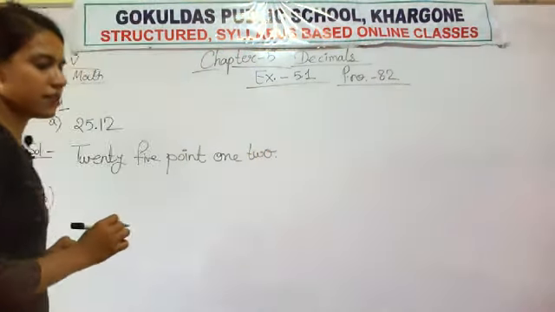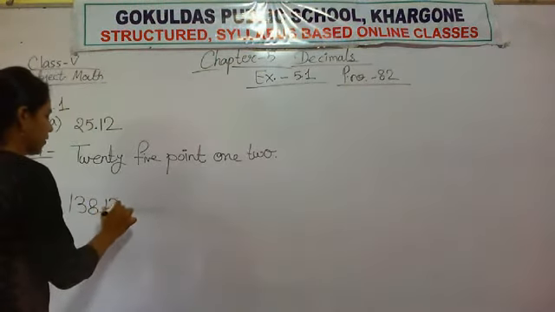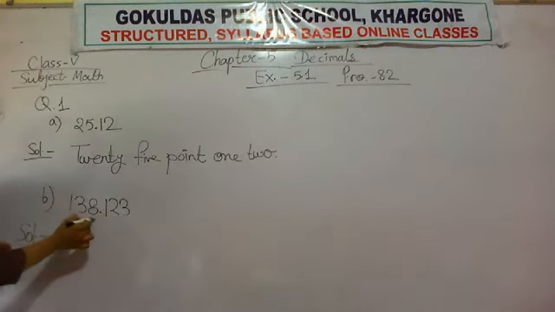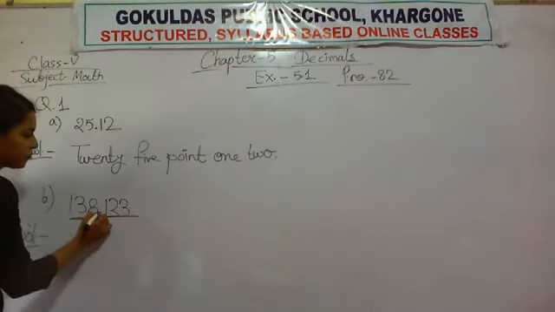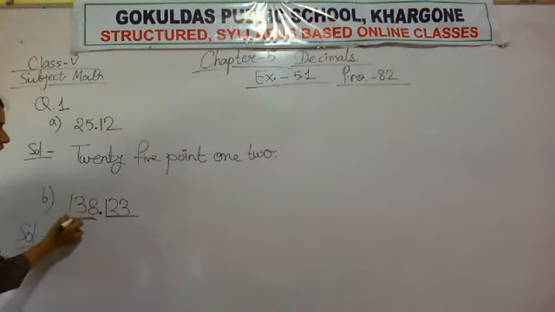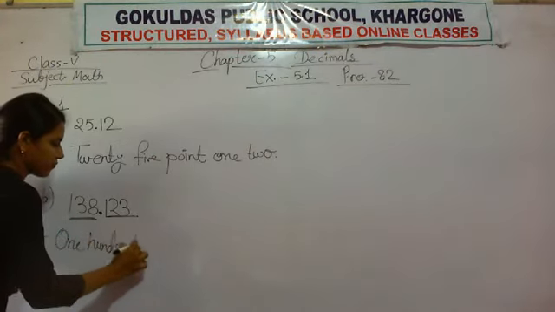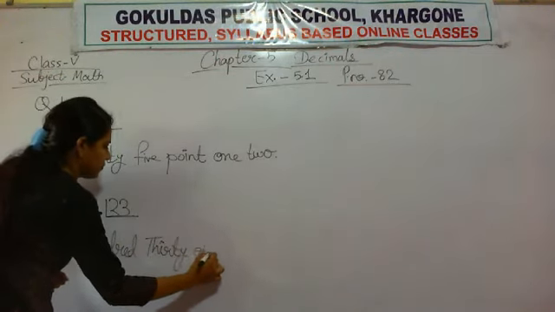Part B, a number is given, that is 138.123. So how will I read this number? Left side is a whole number and right side is the decimal part. So I will read the left side together, 138.